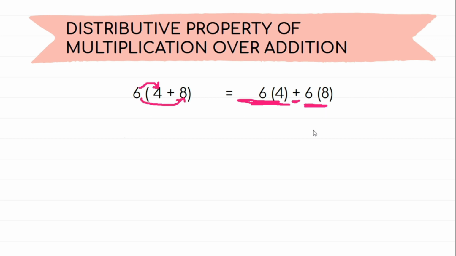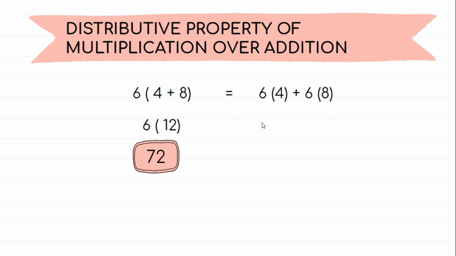Okay? So, tingnan nga natin paano pag ginawa natin tong part na to. So, let's have 6 times the sum of 4 plus 8, which is 12. So, 6 times 12, the answer is 72. Tingnan natin kung magiging pareho yung sagot kapag ginamit natin tong distributive property of multiplication over addition. So, what's 6 times 4? This one is 24 plus 6 times 8 is 48.